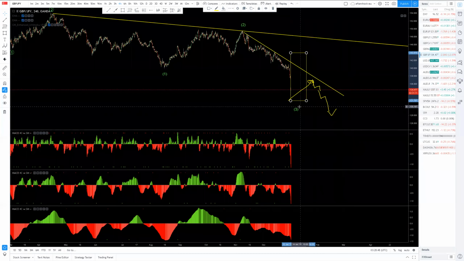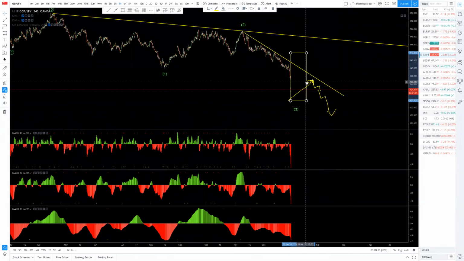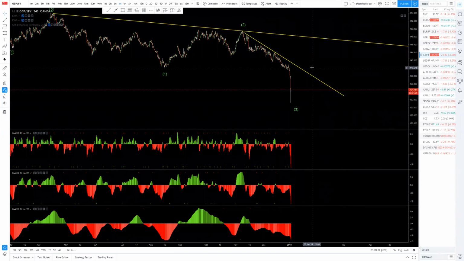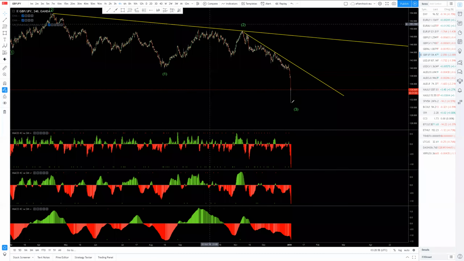So in other words, if we decide to take any trade right now, it would be considered counter trend, because the bigger move would be upside like this, and this can be very, very choppy and very tough.